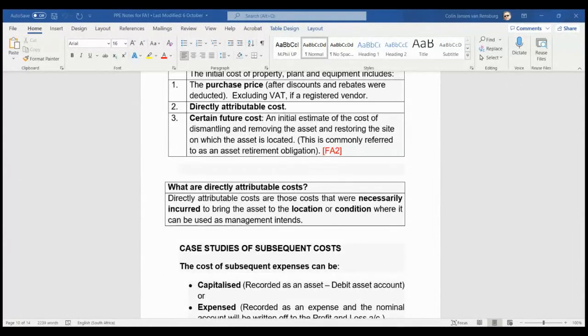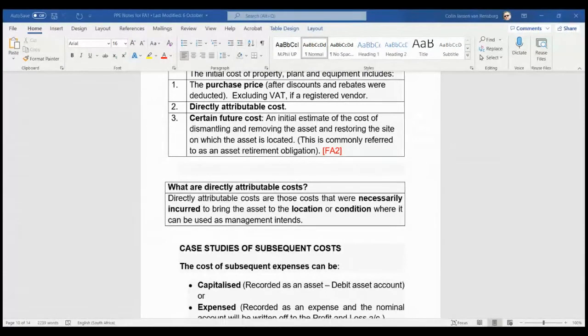It is, first of all, a necessary cost. You have to bring the inventory to your premises in order to be able to sell it, because selling it is what management intends in that case. And it plays a major, a significant, a fundamental role in its location, right? That is why railage inwards was capitalized as part of the cost of inventory. It simply is a directly attributable cost.